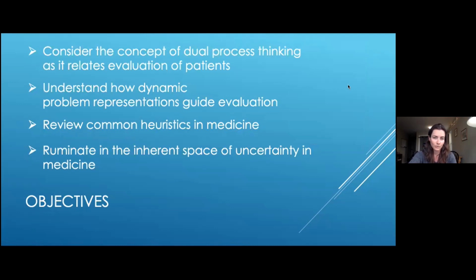Understand the role of a problem representation and how having dynamic problem representations guides our evaluations, review some of the common heuristics in medicine and how those can become heuristic traps or cognitive errors, and then spend a few minutes thinking about the inherent uncertainty that exists in diagnostic reasoning and medicine, and how that in particular might come to rest on us as trainees.